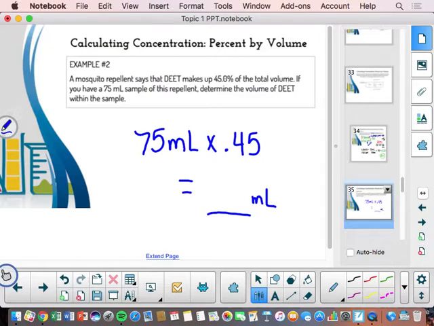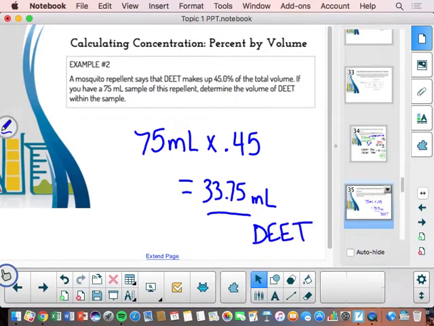Sorry, I was sending you on a slightly harder way of doing it. If we take 75 and multiply it by 0.45, I get an answer of 33.75. So 33.75 milliliters would be DEET. Hopefully a pretty straightforward question, but if you come across something like that, this was how you do it.